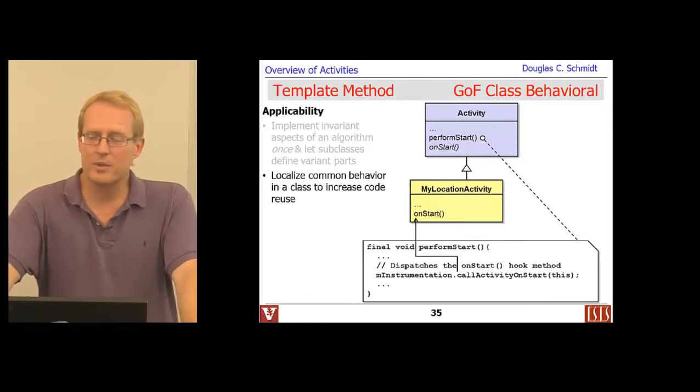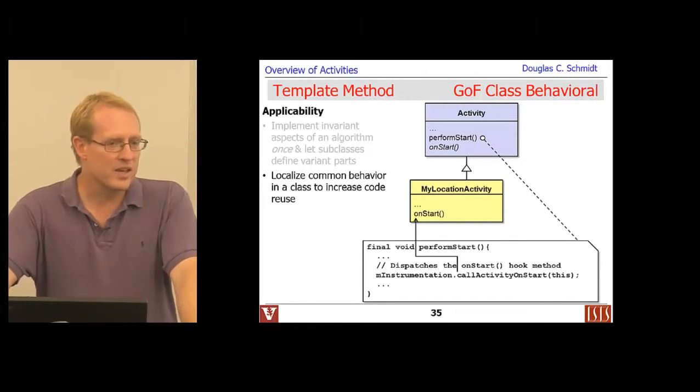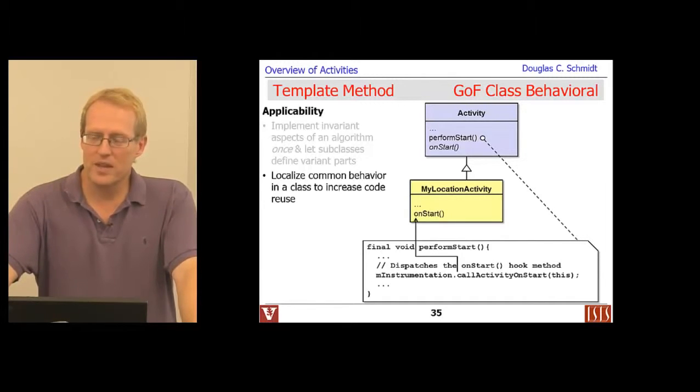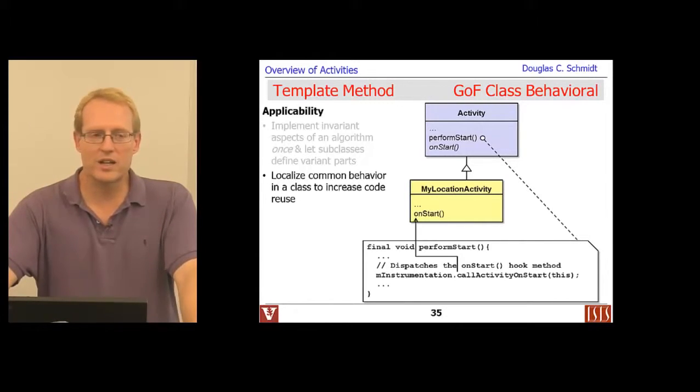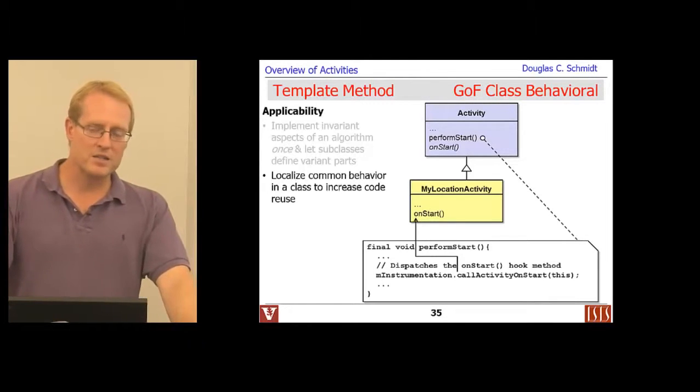So if you take a look at the implementation of how Android implements activities, and we'll look at specifics of it shortly, what you'll see is that there's a lot of code that goes into the Activity abstraction that's buried underneath the hood. You don't see it as a user of activities. It's part of the framework developer's realm of concern. And that is defining very sophisticated, very complicated checks for the way things occur, getting a lot of stuff set up, caching certain states, being able to instrument the code, dealing with threading, all kinds of stuff that happens behind the scenes.